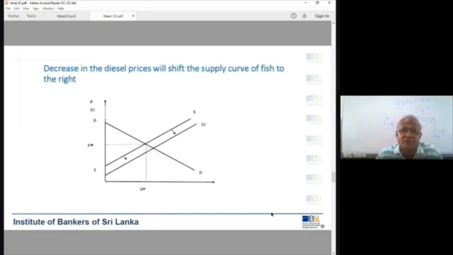Right. Supply curve. Now, similar to this demand curve, we can discuss the supply curve of fish. The normal diagram is drawn, demand and supply curve, assuming other factors are held constant. Now, diesel price.